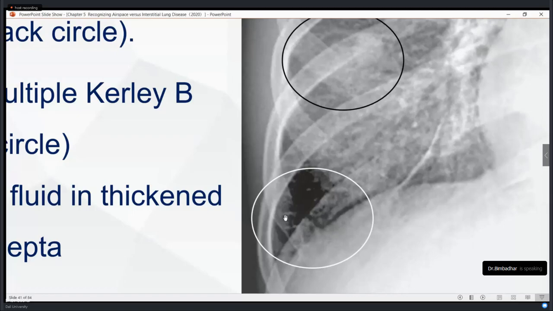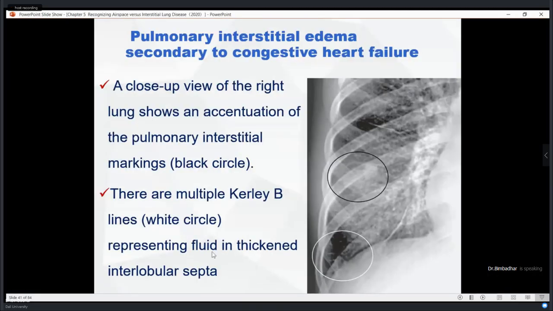Such lines are called Kerley B lines. Okay, these are Kerley B lines and interstitial. So what exactly is this pattern? This pattern is interstitial edema, pulmonary interstitial edema. Okay, right?